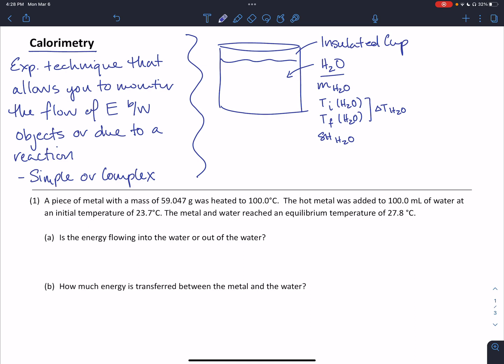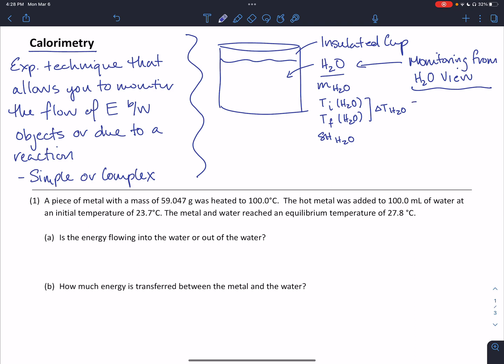For this calorimetry experiment, we're monitoring the flow of energy from water's perspective. So we're monitoring from H2O's view, if you want to think of it that way. That's going to be an important thing to keep in mind because we're going to be talking about what the object or the reaction is doing, which means we need to know the flow of energy from water's perspective, but we're going to be changing the sign.